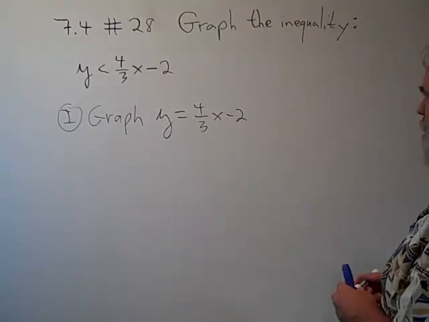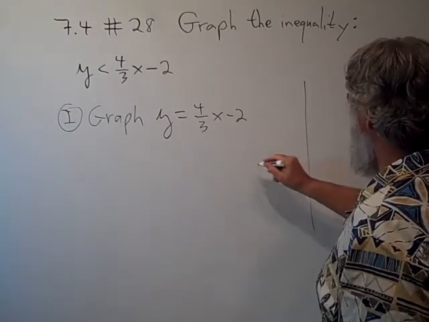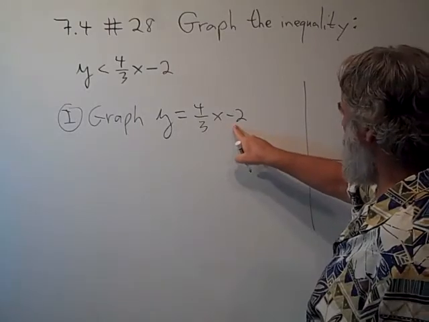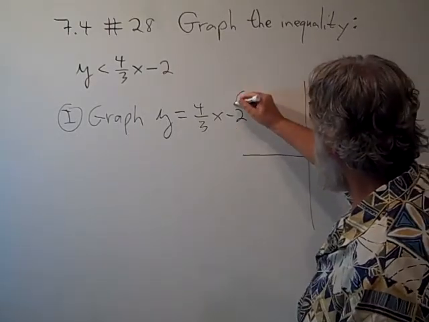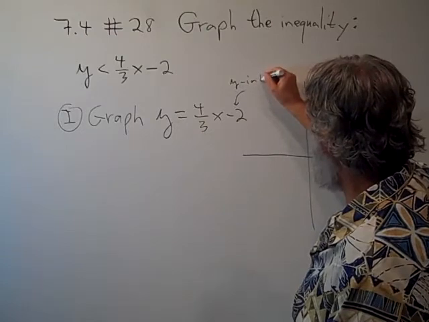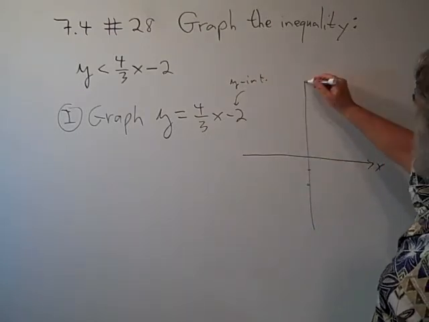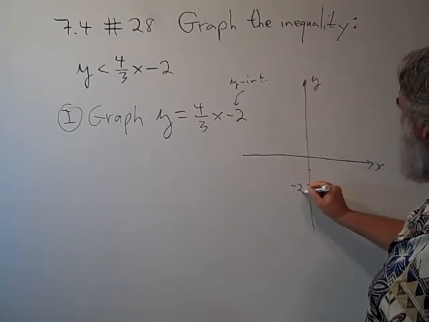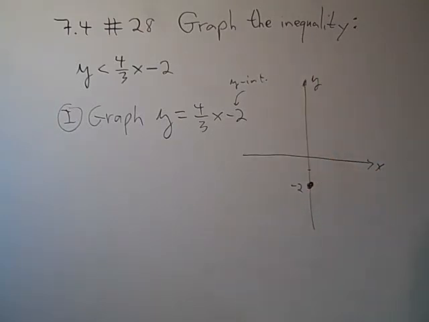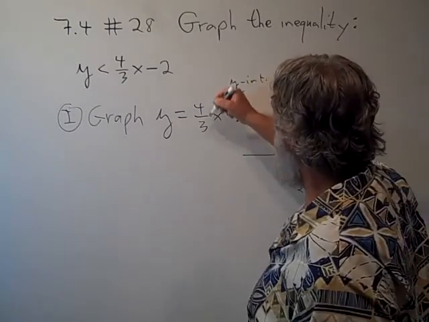To graph this line, we can make use of the fact that the y-intercept is -2. So the line passes through the y-axis at -2. And the slope is 4/3.